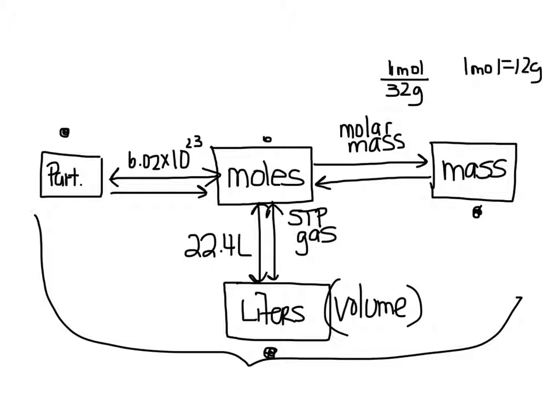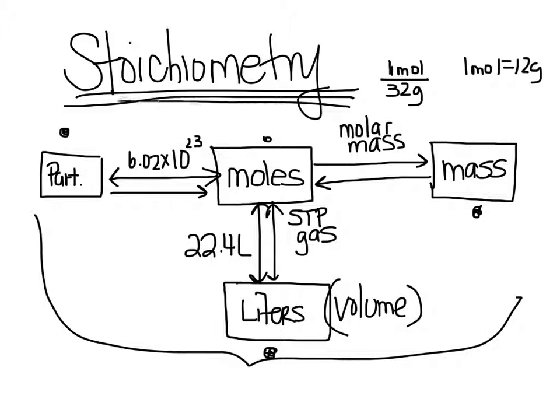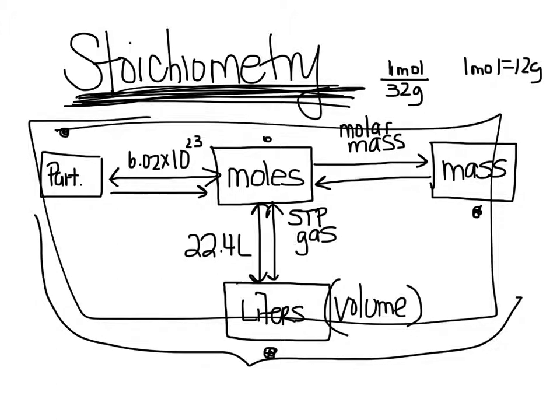And our next chapter, which has an evil name, it's called stoichiometry. If you don't understand this chapter, it's going to really wreck you. So you have got to understand this chart, or not only are you going to have problems in the rest of this chapter, but the next chapter you're going to be completely lost.